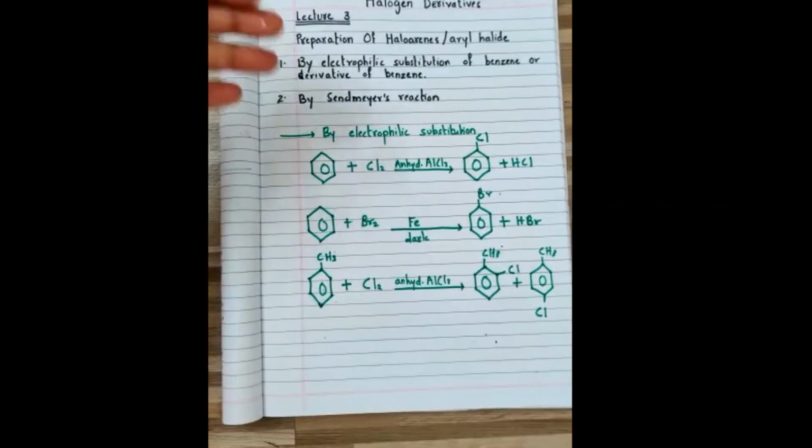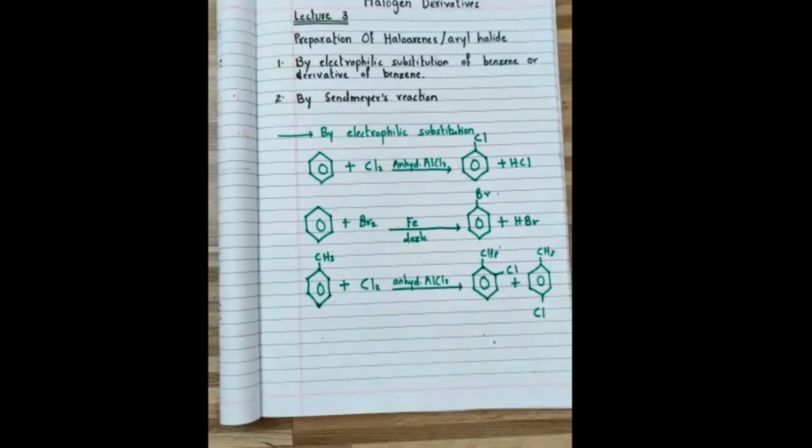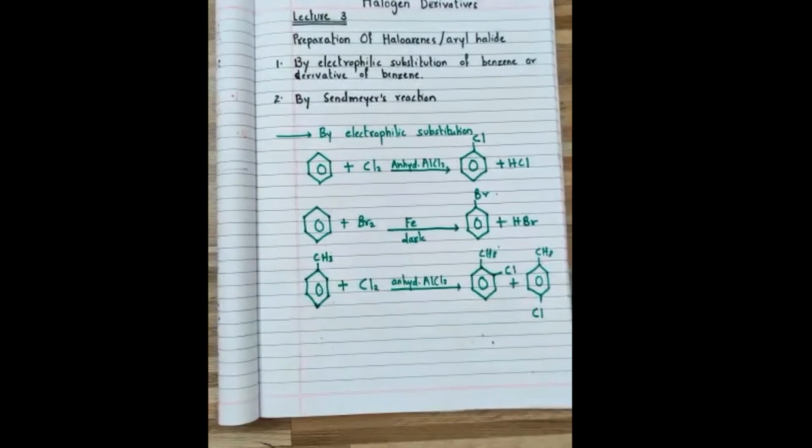In this method of preparation, I have shown only direct chlorination and direct bromination of the benzene or substituted benzene, but I have not shown the iodination and fluorination. Why is iodination not discussed?